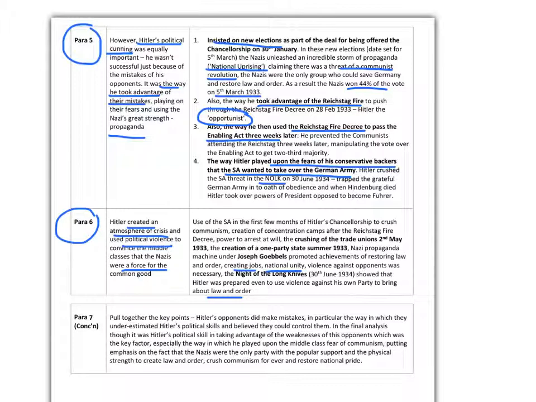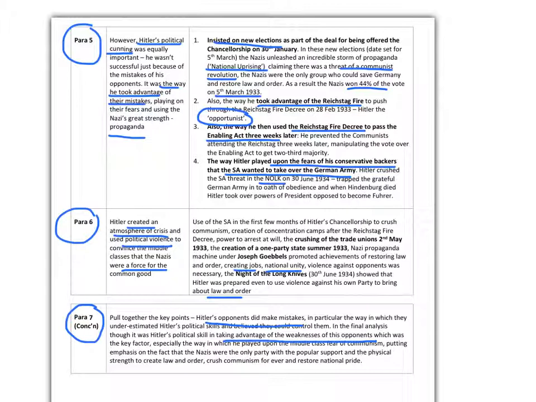So you pull all that together in your conclusion. Probably the key thing to make is, yes, Hitler's opponents did make mistakes, but probably the most important thing is the way in which Hitler used those mistakes. He took advantage of the weaknesses of his opponents, playing upon the middle class fear of communism, emphasising the Nazis were the only party that had popular support and the actual resolve.